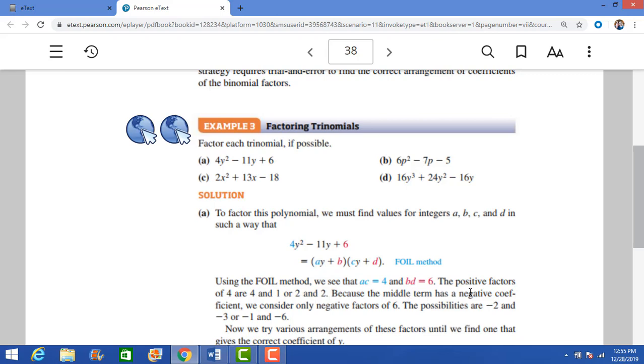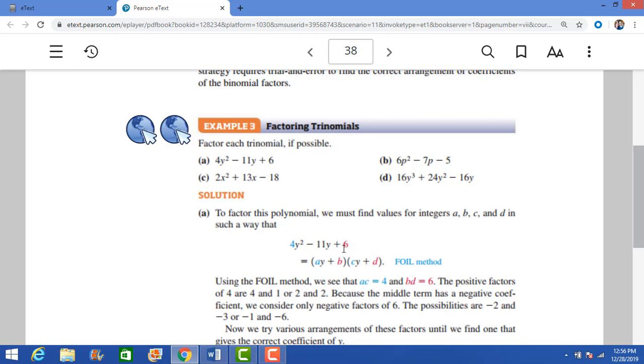Now, because the middle term has a negative coefficient, we consider only negative factors of 6. The possibilities are -2 and -3, or -1 and -6. Why?